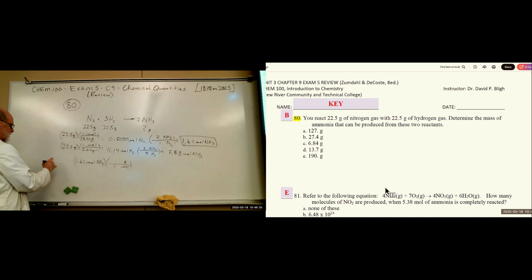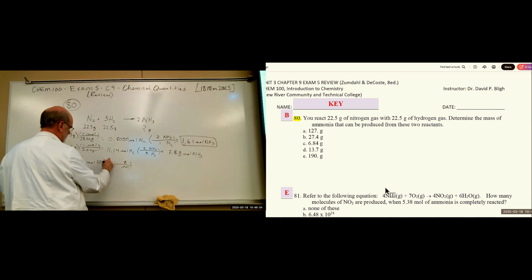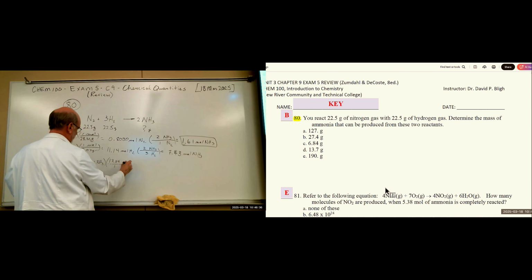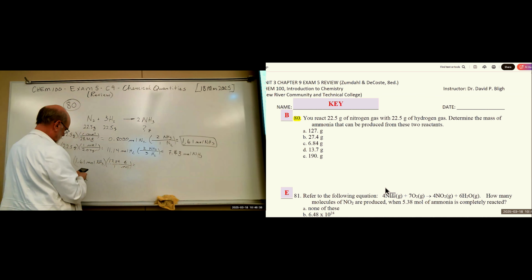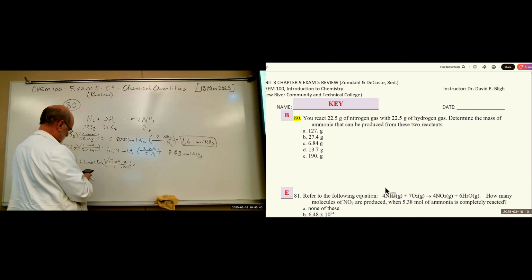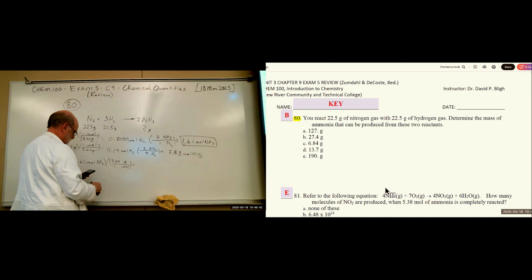So what's the molar mass of ammonia? 14.01 plus 3.03 for the hydrogens, 17.04. So let's flip this one and 17.04.